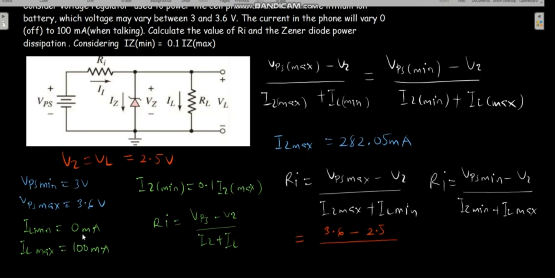But IL minimum is given to be 0. So this will be 282.05 milliampere, times 10 to the power minus 3. Let's see what we get for this.